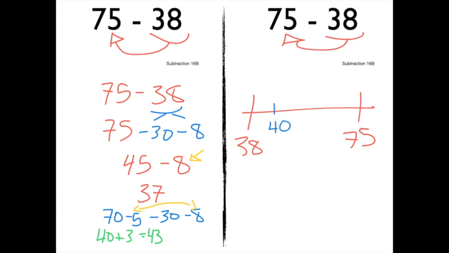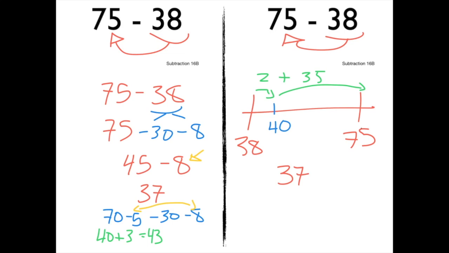I encourage students to use multiples of tens or hundreds or thousands as much as possible, so we're looking for a number that has a lot of zeros in it. And then we find the difference between the two parts. The difference between 38 and 40 is 2. The difference between 40 and 75 is 35. And when I find the sum of 35 and 2, I get an answer of 37.